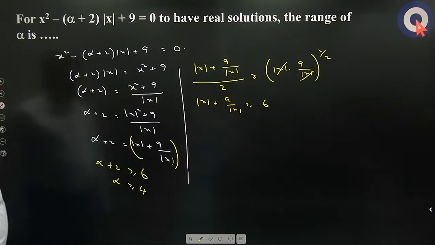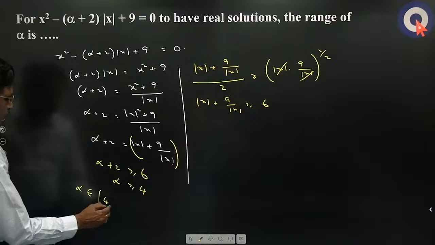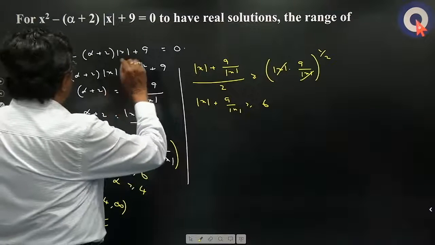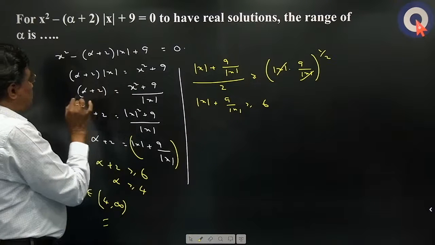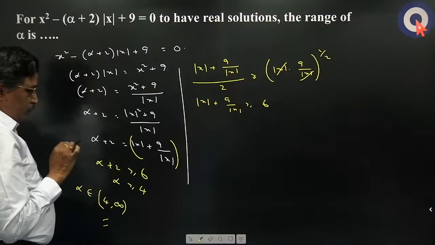So the interval for alpha is 4 to plus infinity. An excellent problem. Here, unless we consider like this, the interval for alpha cannot be obtained easily.